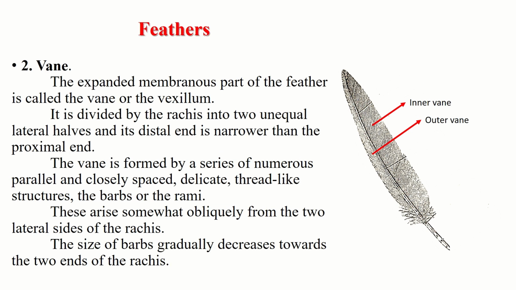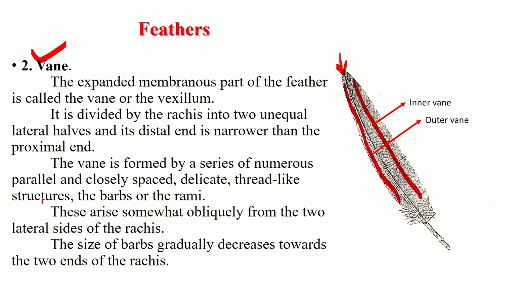The expanded membranous part of the feather is called the vane or the vexillum. It is divided by the rachis into two unequal lateral halves, and its distal end is narrower than the proximal end.